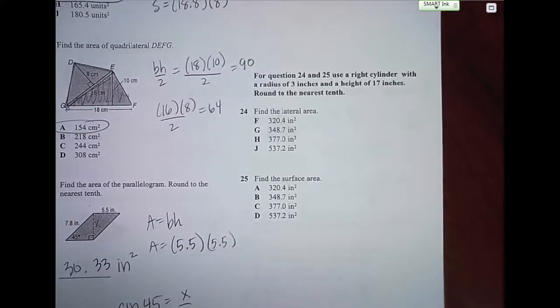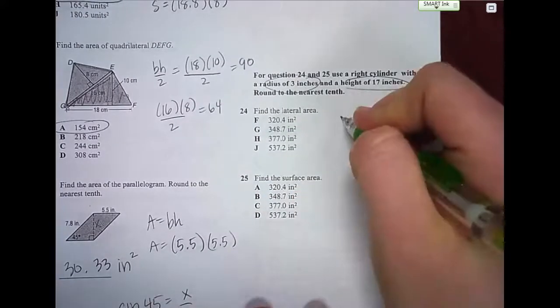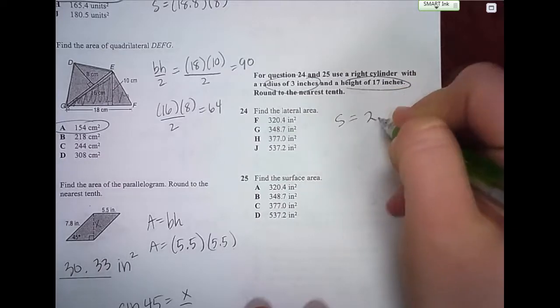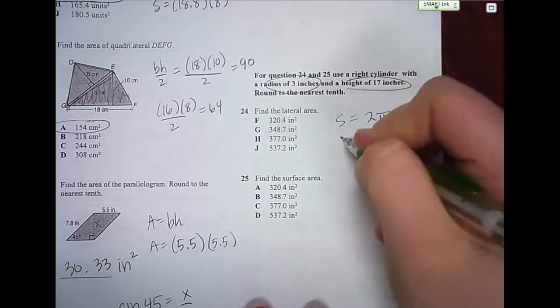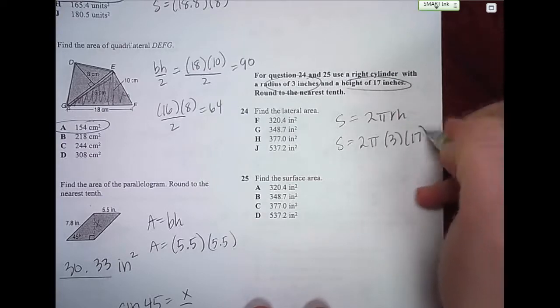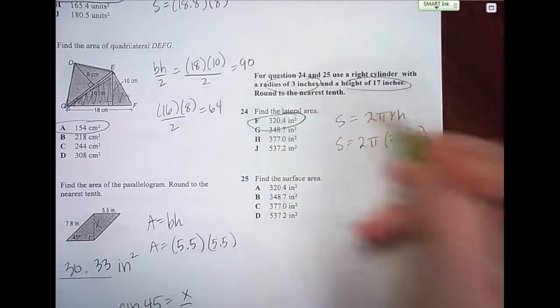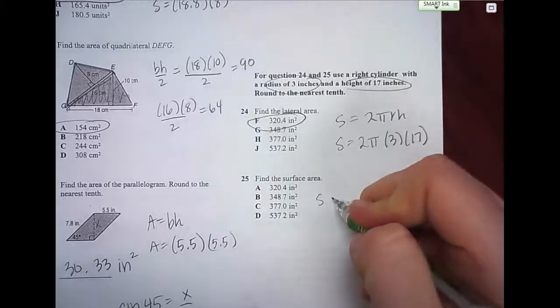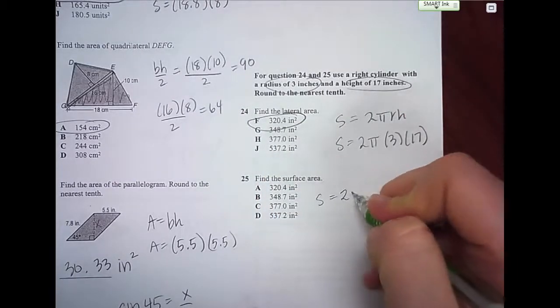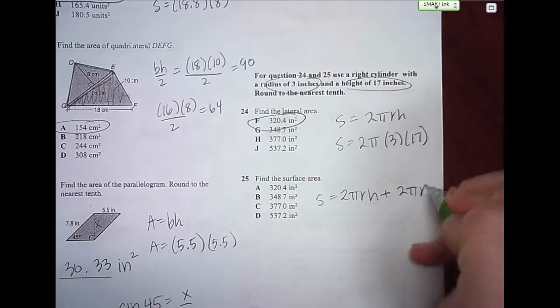So we're going to use a right cylinder with a radius of 3 and a height of 17. So lateral surface area for a cylinder is 2 pi r h. And they gave us the radius is 3 and the height is 17. So 2 pi times 3 times 17 is 320.4. And then for surface area, it's 2 pi r h plus 2 pi r squared.